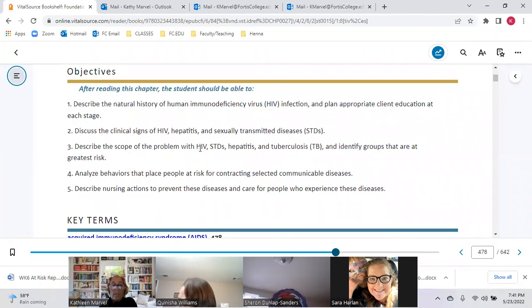What are the clinical signs of HIV, hepatitis, STDs? What groups are at greatest risk for these four? What can we as nurses do to prevent these diseases and care for people who experience them?